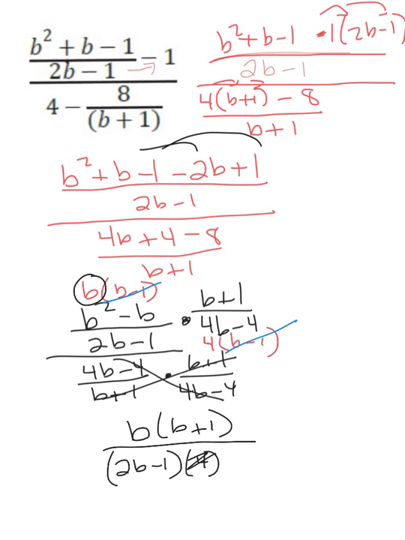Or even better, put the 4 out in front right here. These two right here have nothing in common whatsoever. I can't get a b out again. The 4 doesn't cancel with anything. So there you go. There's your answer right there. And yes, you could multiply them back if the answer doesn't look quite right.